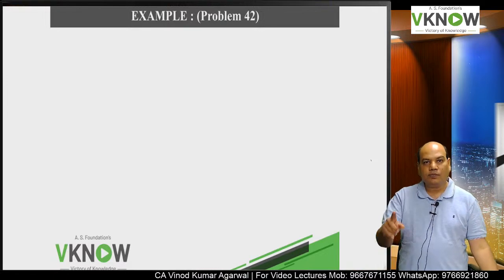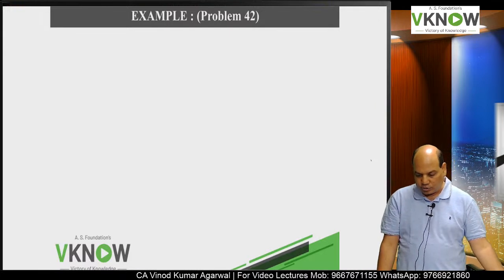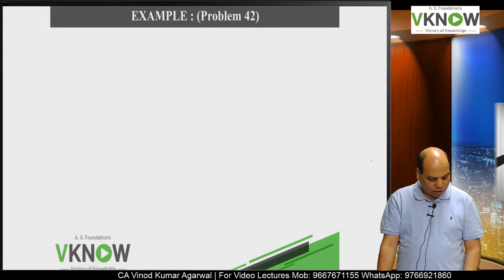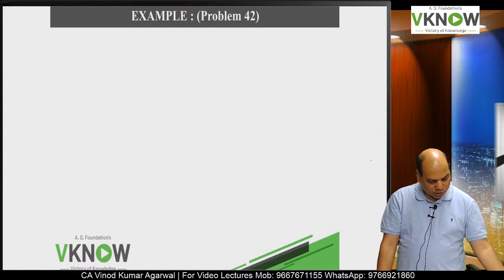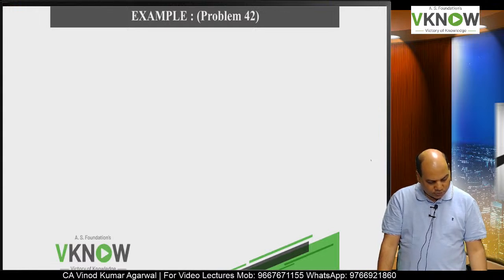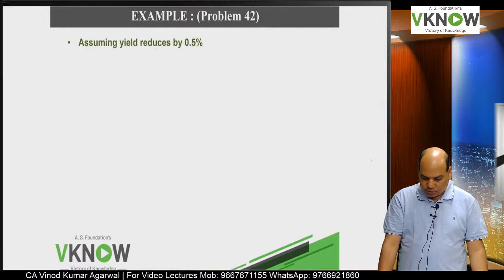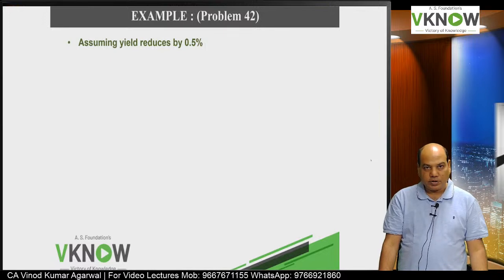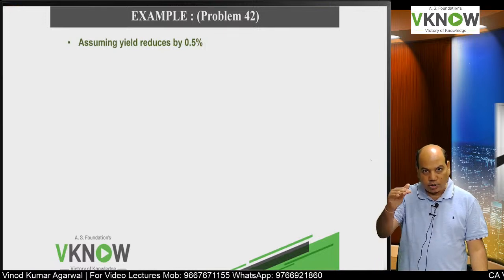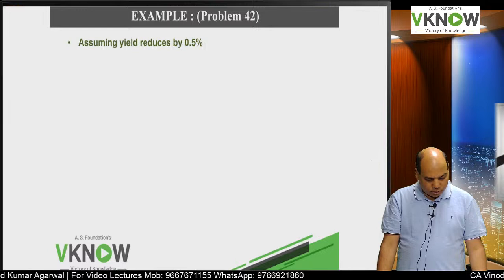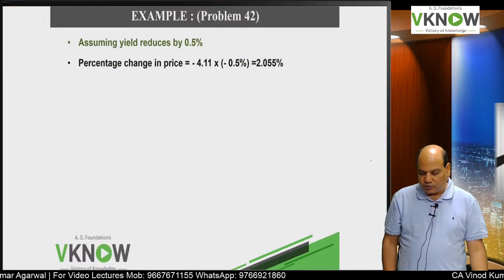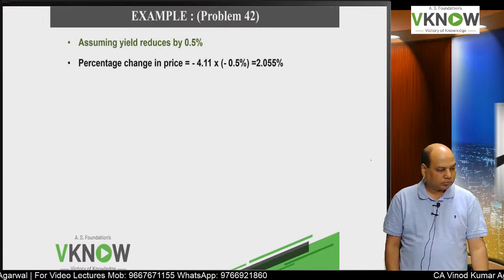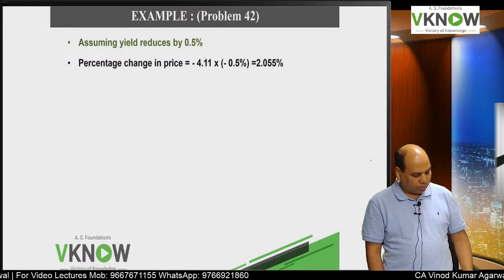So in question number 42, they have asked you to calculate the percentage revised bond price if YTM reduces by 0.5%. Write in your notebook percentage change in bond price.